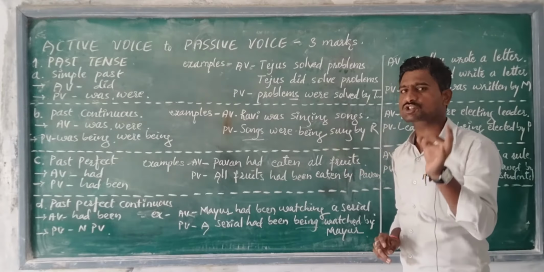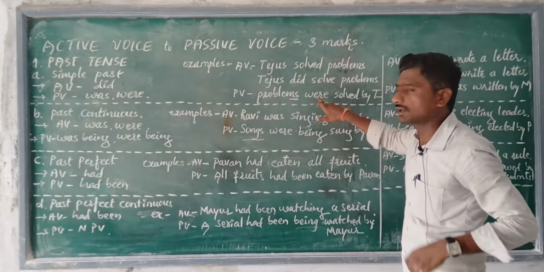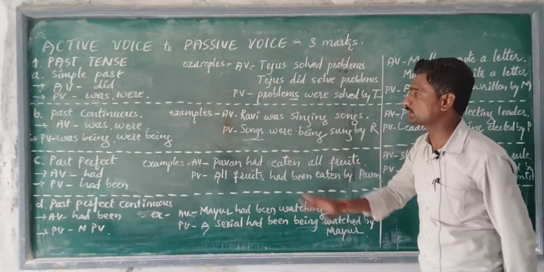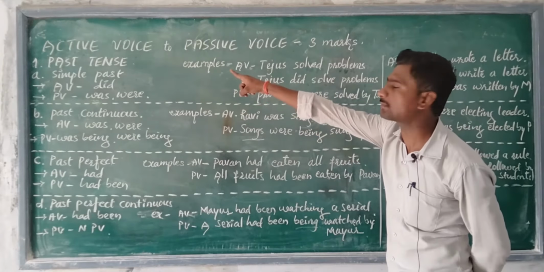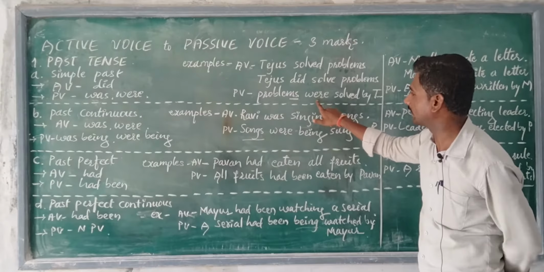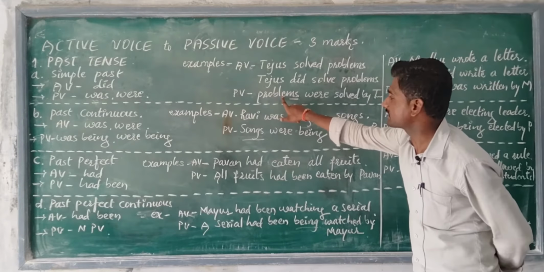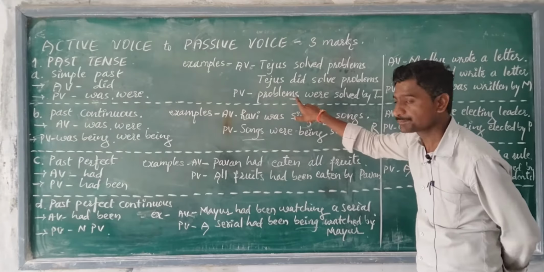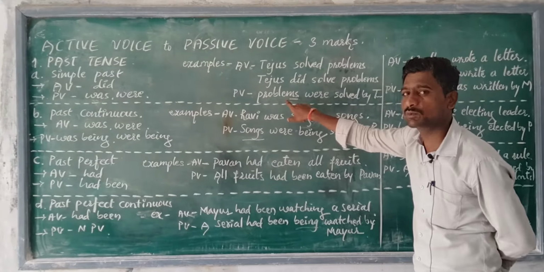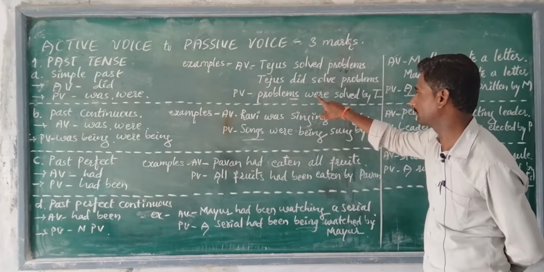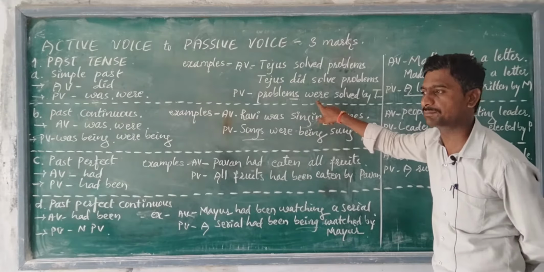If you have a question about am, is, are, whatever it may be, see, my dear students, this is simple past tense. That is why the helping verb were comes here. The subject of passive voice is plural. See here, problems is the plural form, and when we use the plural form, it takes the help of a plural helping verb.